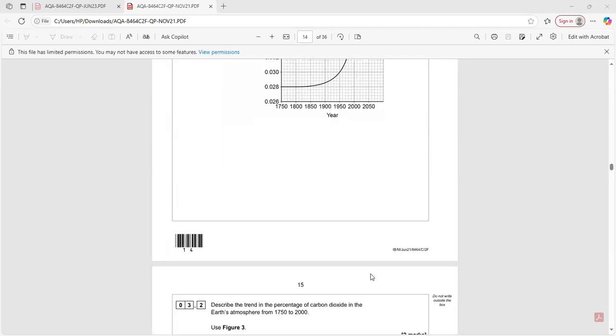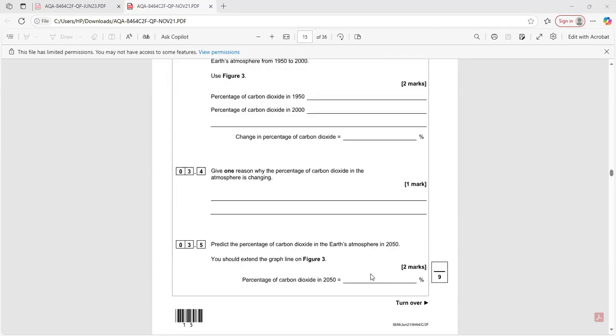So maybe your ruler will help you a bit in that case. And then wherever it touches the line for 2050, then you can read it off.